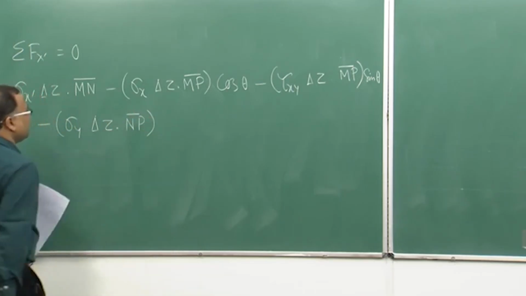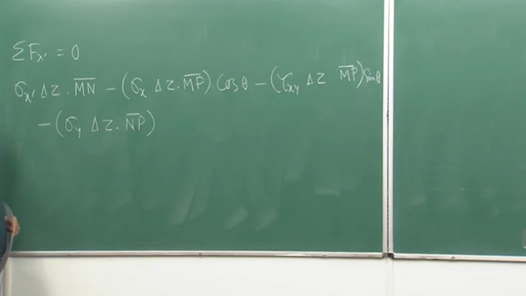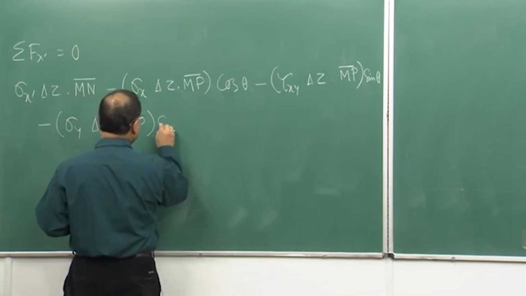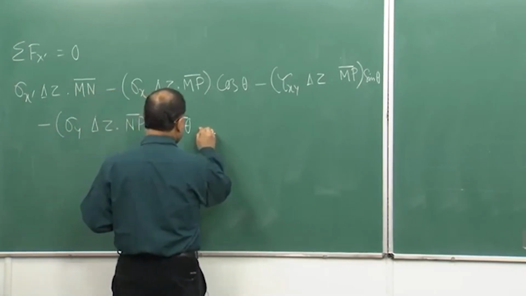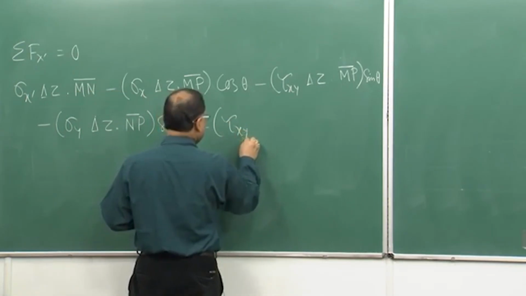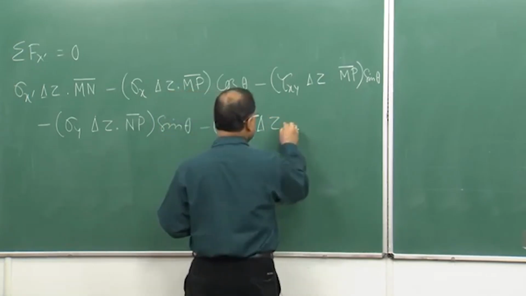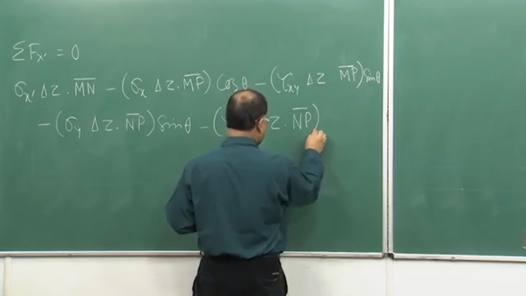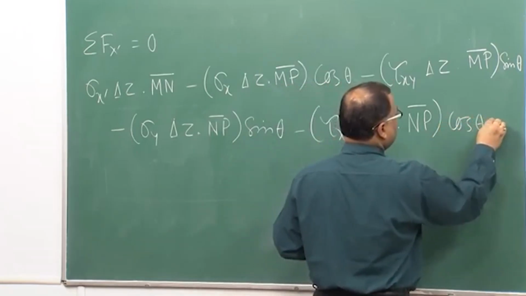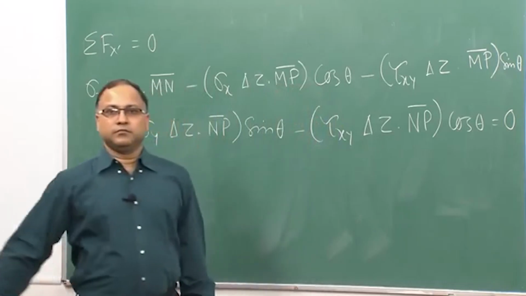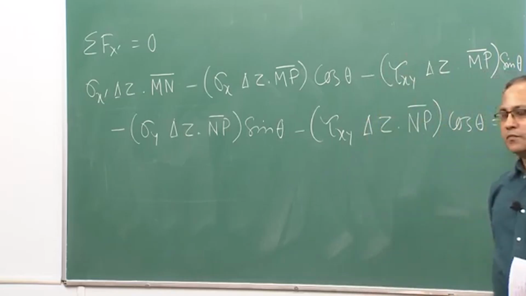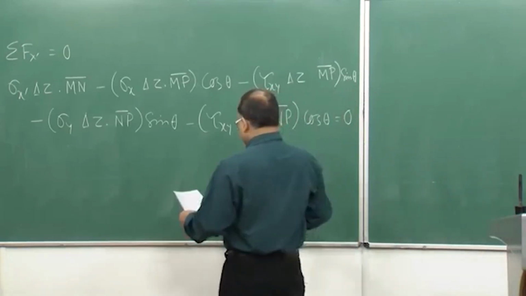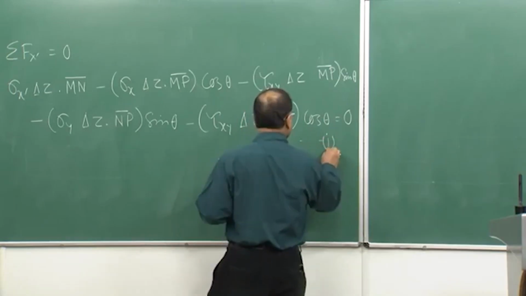Please look at the figure. This is the force acting on the y plane along the y direction, and I have to take its component towards the x prime direction, minus tau xy delta z into NP and its component. So, these are all the forces acting along the x prime direction. I am calling this equation 1.